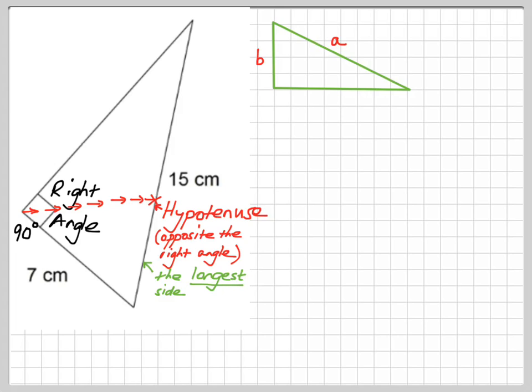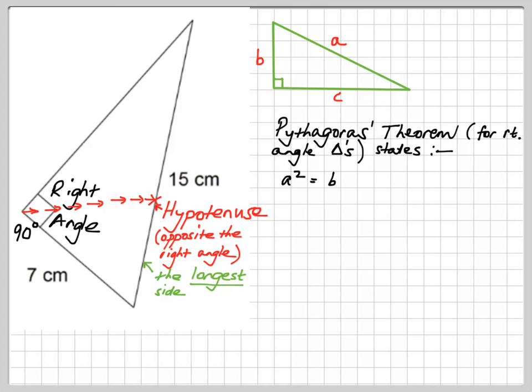Now, if you have a right angle triangle, as I've drawn there in the top right hand side, and only if you have a right angle triangle, then Pythagoras' theorem states that a squared equals b squared plus c squared.